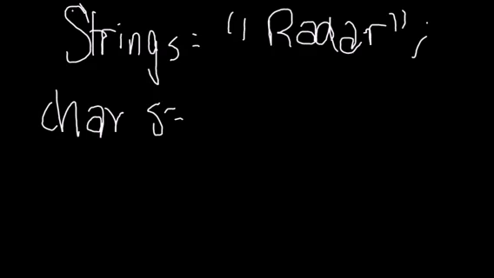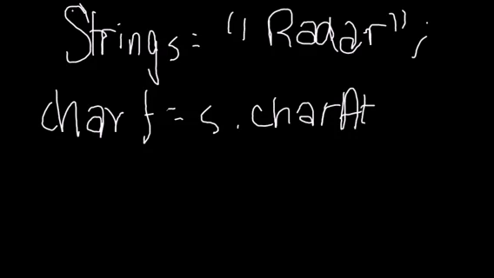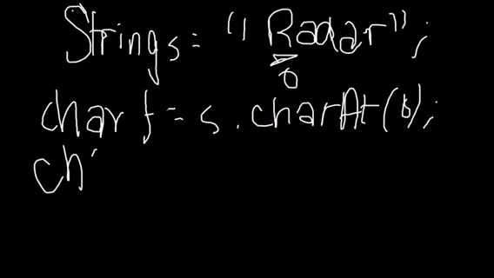Let's call it f for first, equal to s dot charAt. Remember, the first character is at the 0th position, not the first position, because this starts from 0. That's just how things are done in computer science. I don't know why they decided to number things from 0, maybe because of binary zeros and ones. I really don't know. Now let's find the last character.